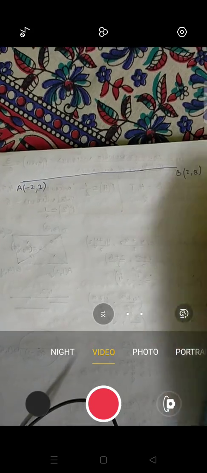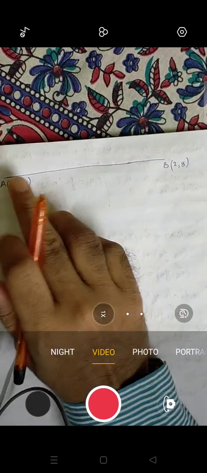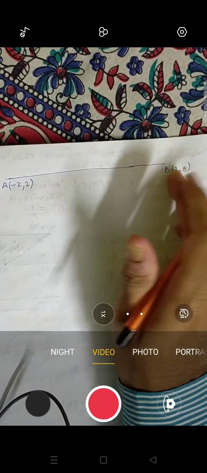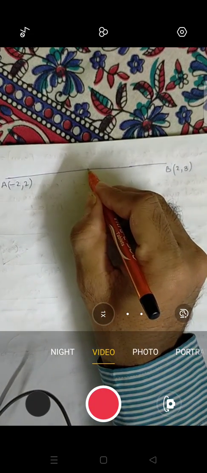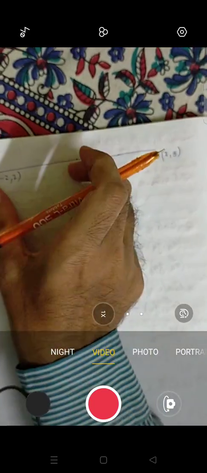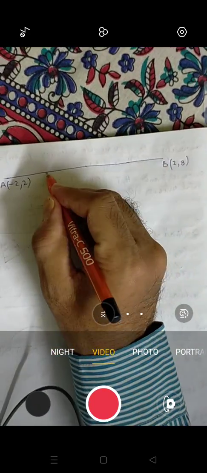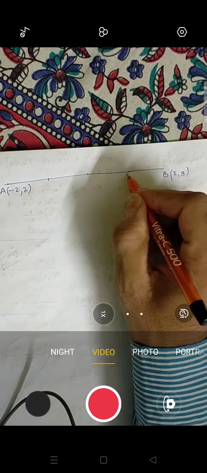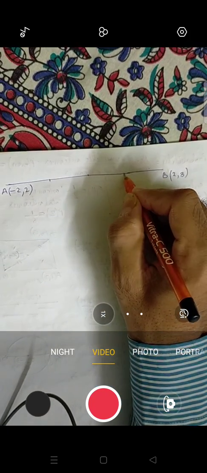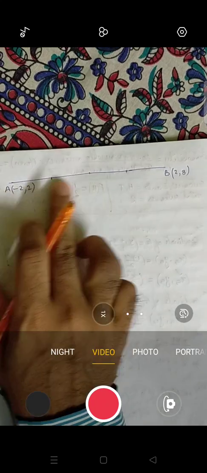So these are the two values of A and B. Now it has to be divided into 4 equal parts. Just check how I am dividing. This is A, this is B. So I am making half here. So this is one part, this is one part. Now half of this one, this is one part and this is one part. Now just see, this is 1, 2, 3, 4. Now these are 4 equal parts. Is it clear?